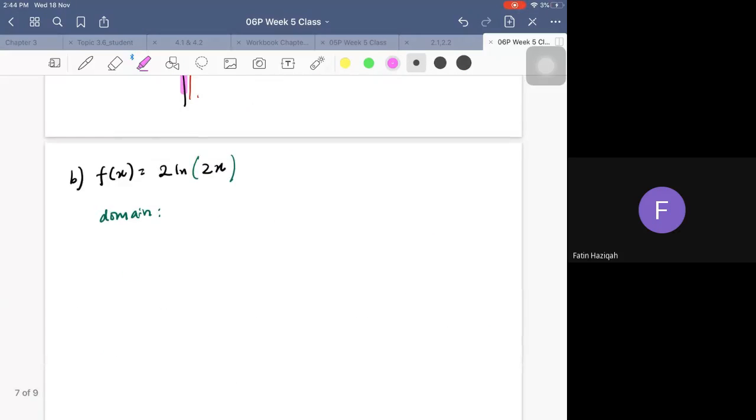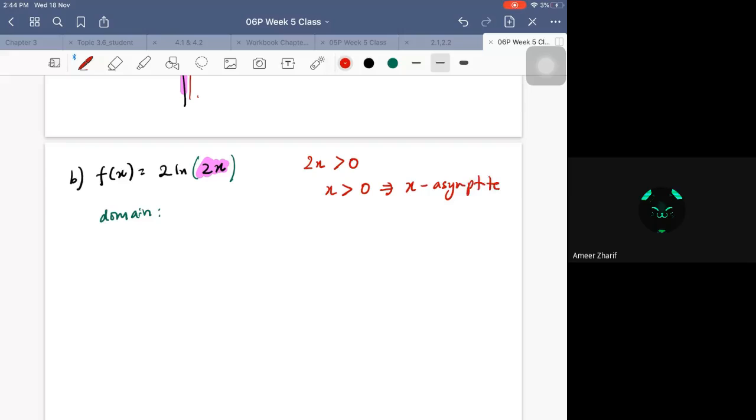So what is our domain for this case? Shafika said it's going to be from 0 to infinity. That is correct. All you have to do is take whatever is in the bracket. So 2x must be greater than 0, so x must be greater than 0. And now we can also identify that there will be an asymptote at x equals 0. So the domain is going to be from 0 until infinity.